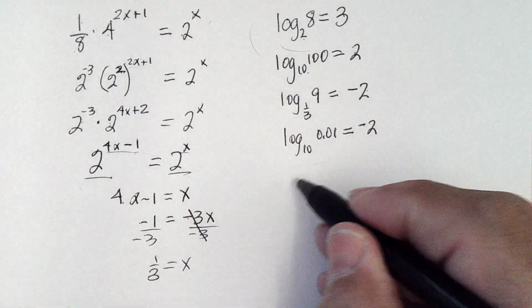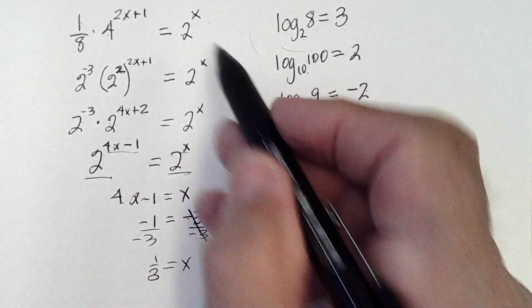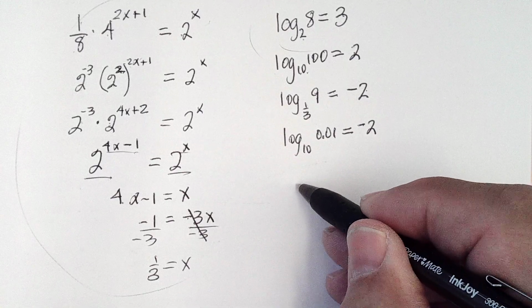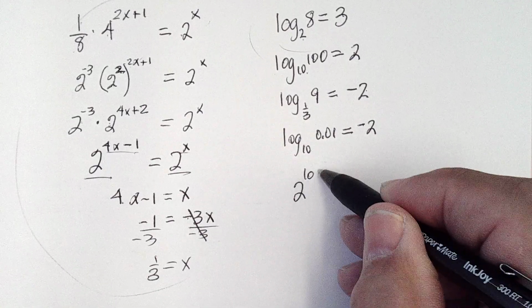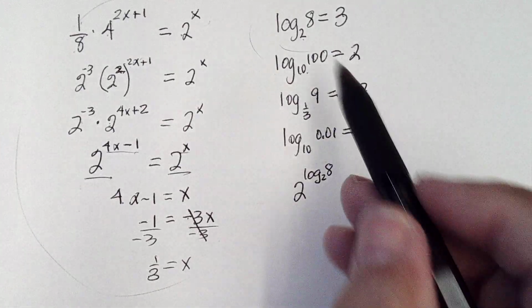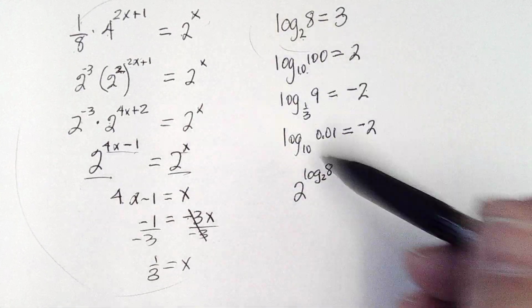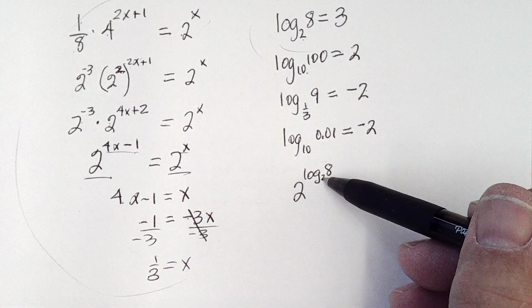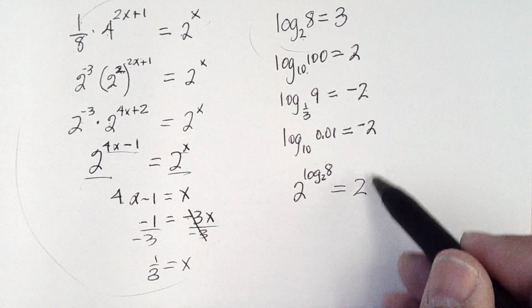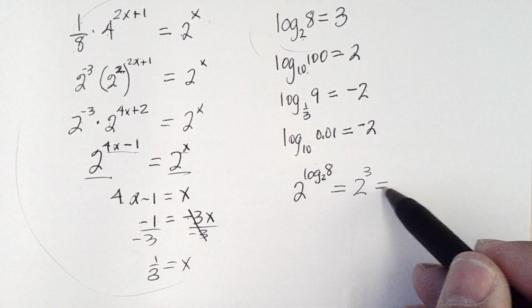The one I want you to understand that's related to this is, so what is, let's say, 2 to the log base 2 of 8? Now, up here, we decided the power we take 2 to get 8 is 3, so this is the same as 2 to the third, which is 8.